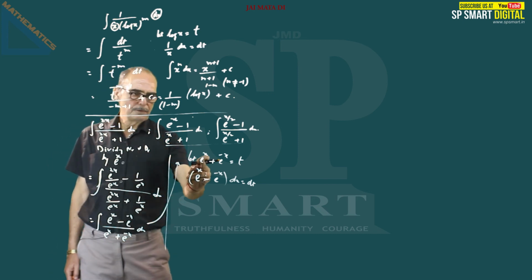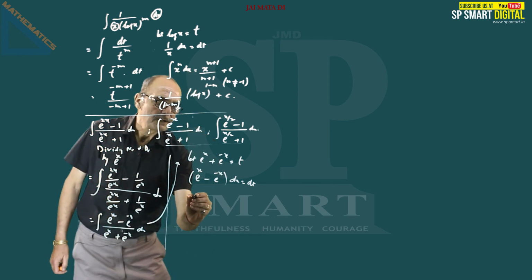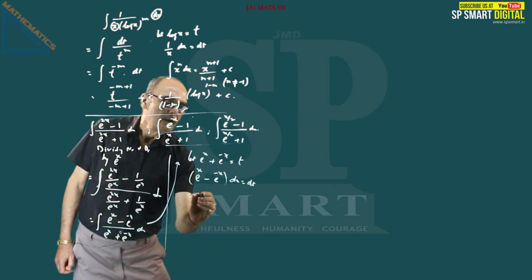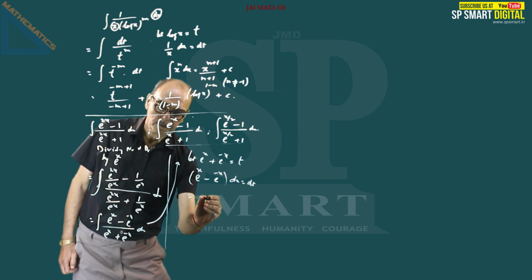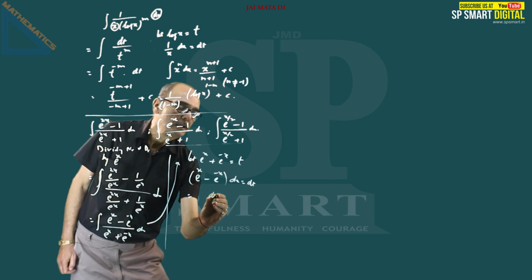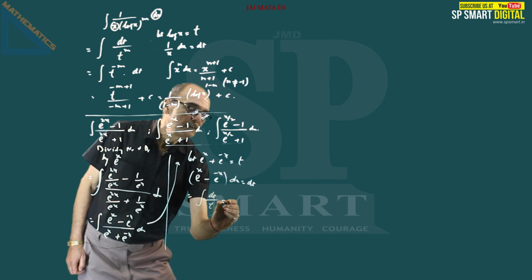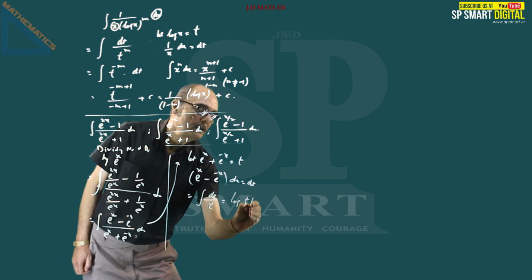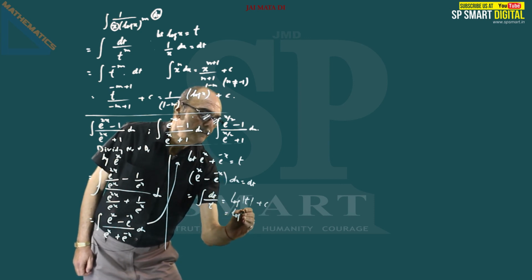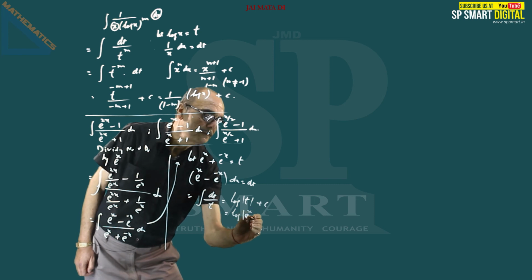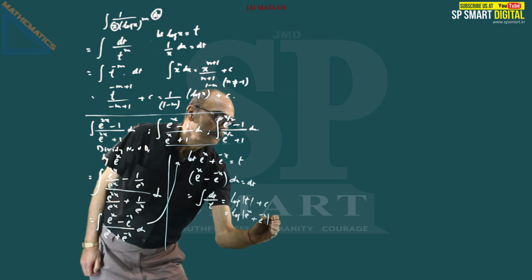We make the substitution as this and we get the numerator. So, this can be written as dt upon t, which is equal to log of t plus c or log of e raised to power x plus e raised to power minus x plus c.